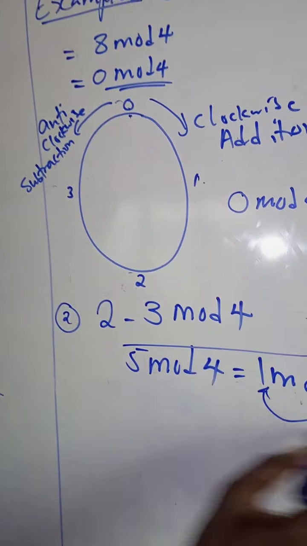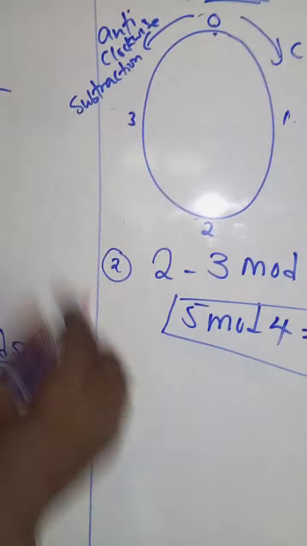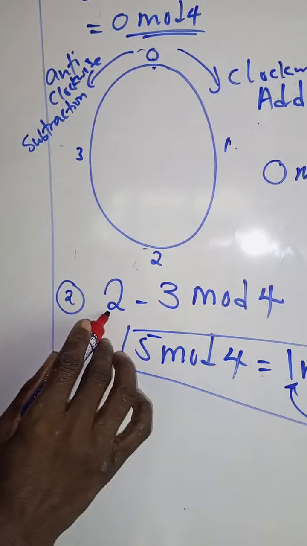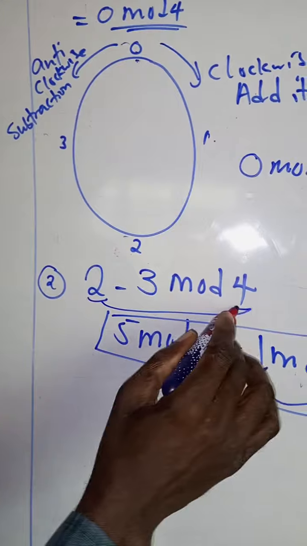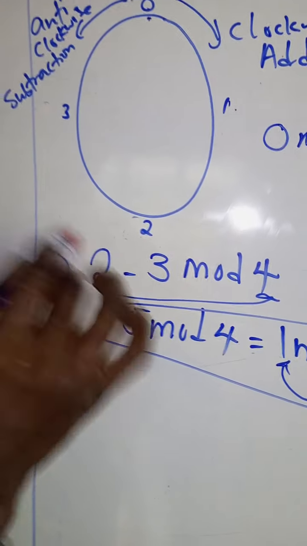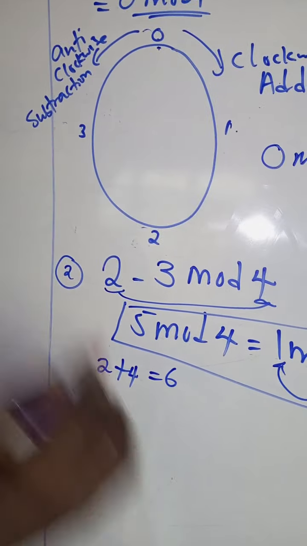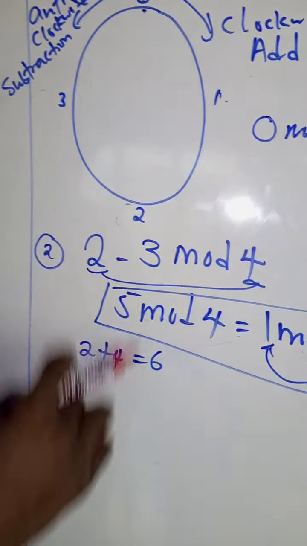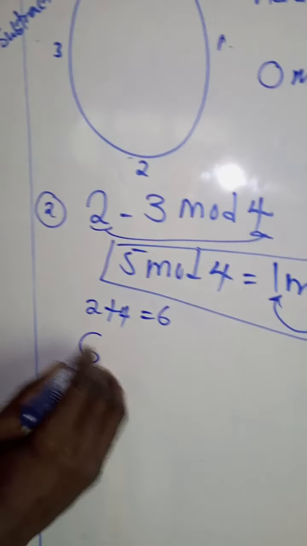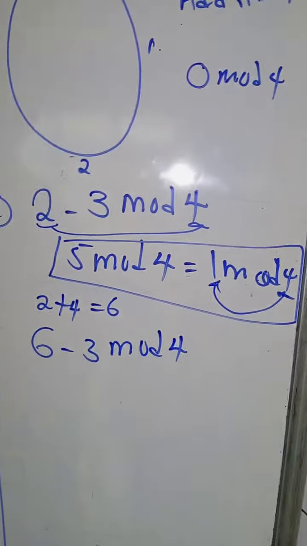Adding 4 to the 2 gives 6. So if I rewrite this equation, it is 6 minus 3 mod 4.